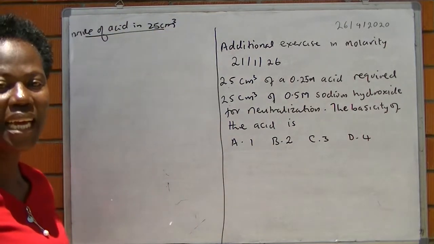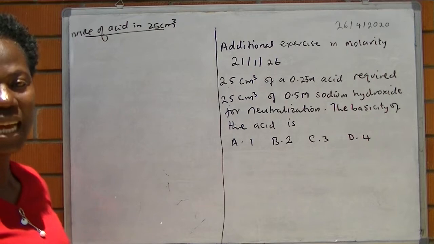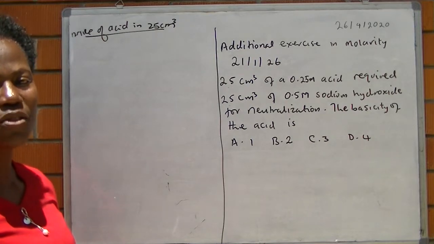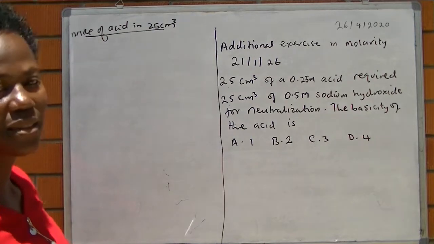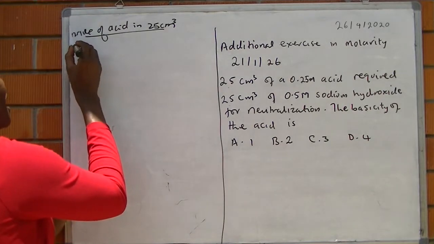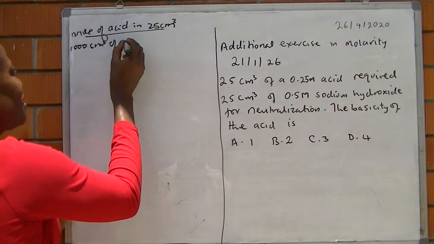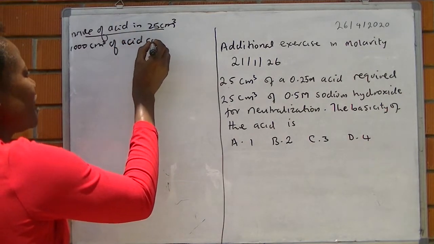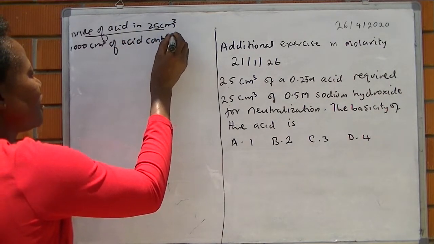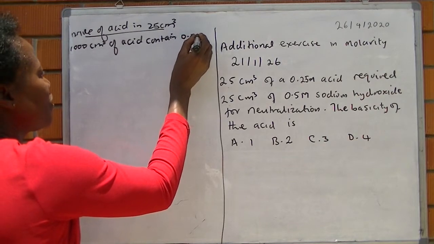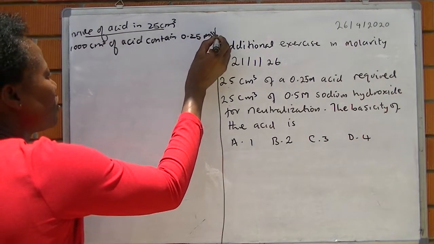So to remind you again, capital M means molarity, and molarity is the number of moles in 1,000 cubic centimeters. So 1,000 cubic centimeters of the acid contain 0.25 moles.